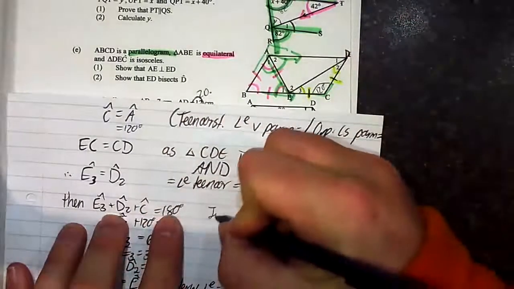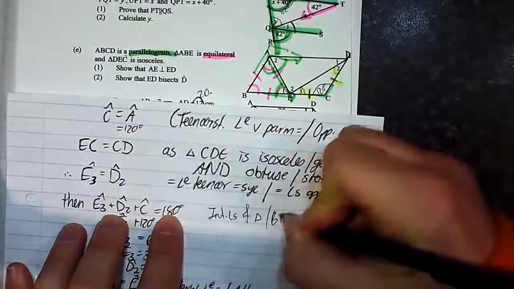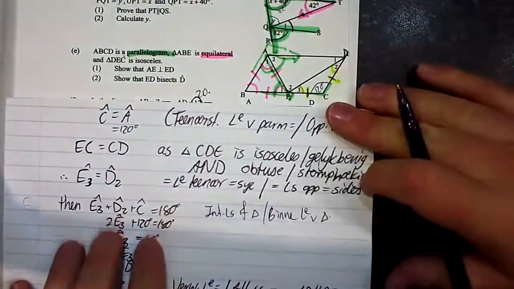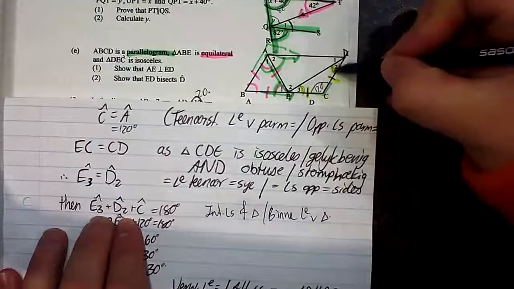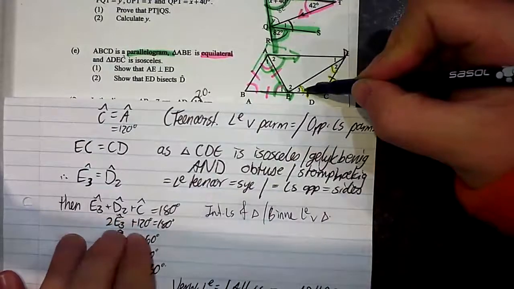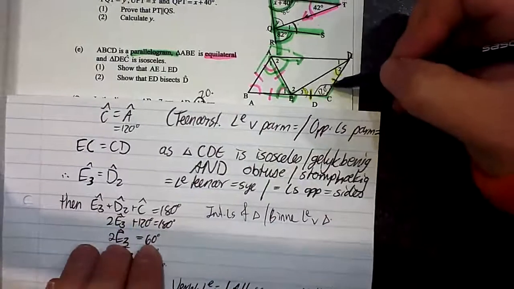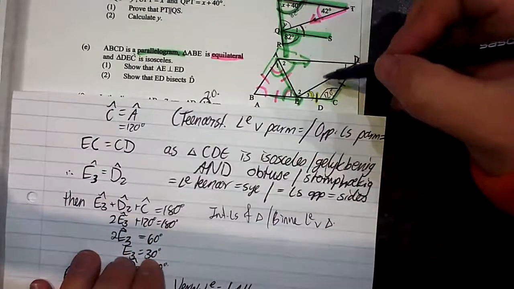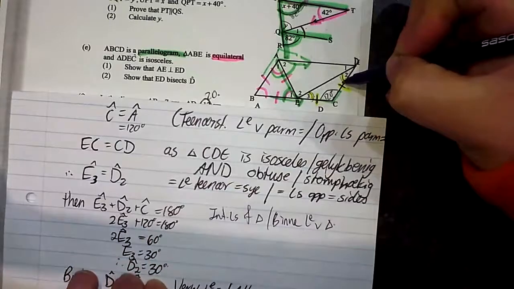Why? Interior angles of a triangle. Binne hoeke van 'n driehoek. So twice the value of E3, because D2 is equal to E3, plus 120. If we subtract the 120, we get 60. Gedeeld deur 2 kry ons 30. So E3 is 30 grade, maar D2 is dan ook 30 grade.